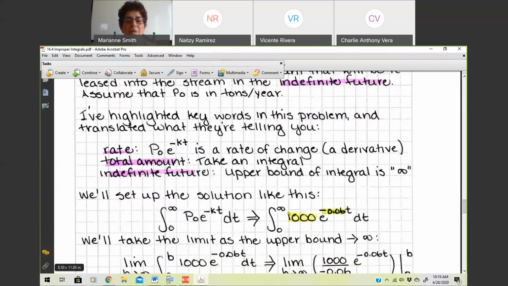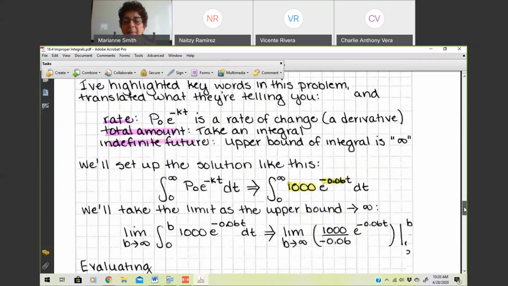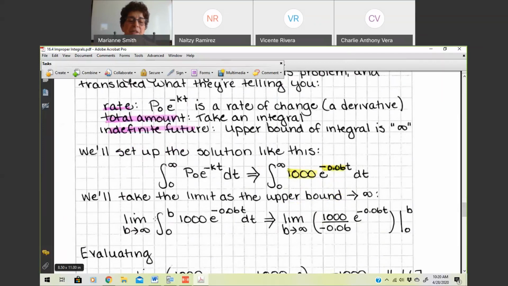I have an integral from 0 to infinity of P0 e to the minus kt. I'm putting in 1,000 for P0 and 0.06 for my k. Now, if I want to take the limit as the upper bound approaches infinity, I'm going to substitute a b in there for my upper bound and let b approach infinity.